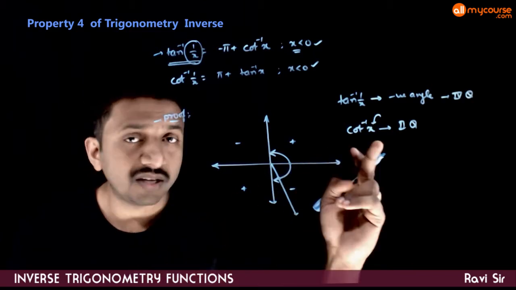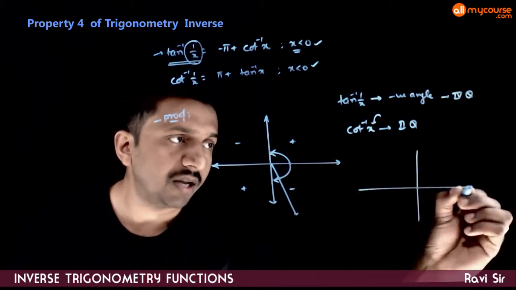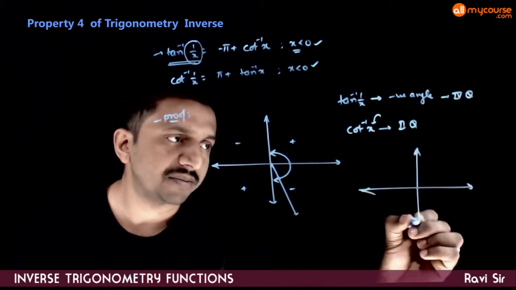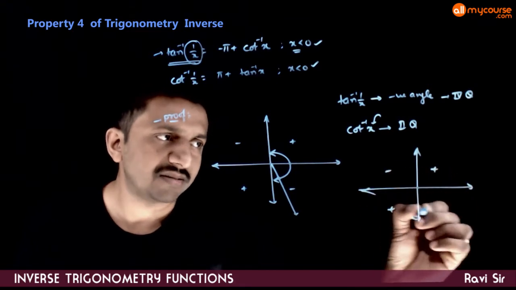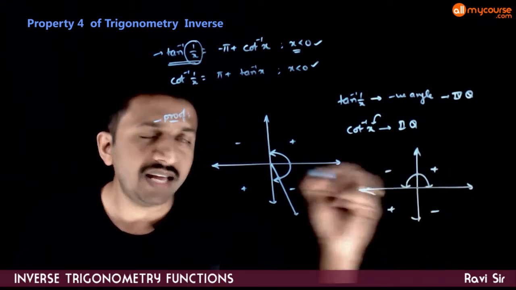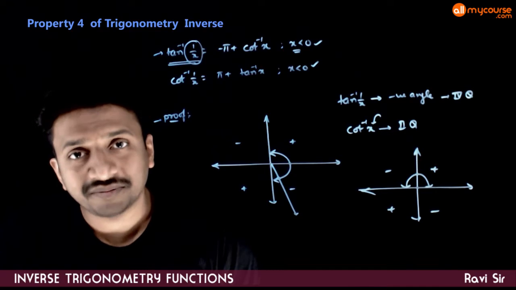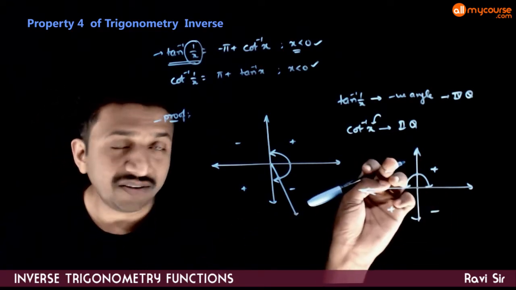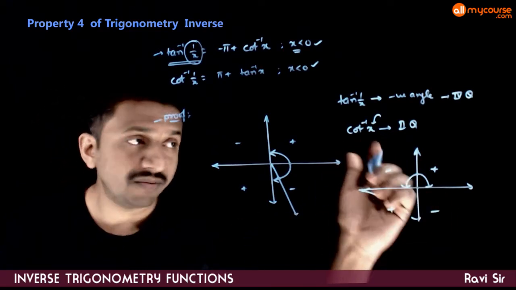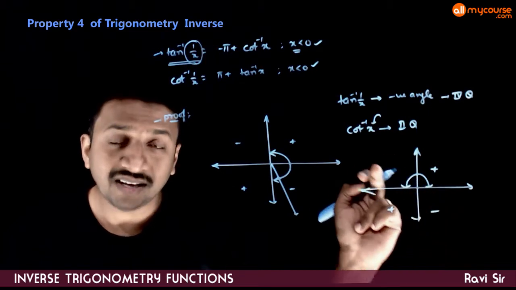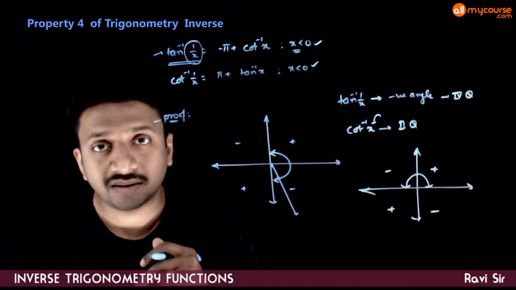Because the quadrant diagram for cot inverse is something like this: plus, minus, and the range is from 0 to pi. So if a negative number goes inside cot inverse, you get an answer in the second quadrant.